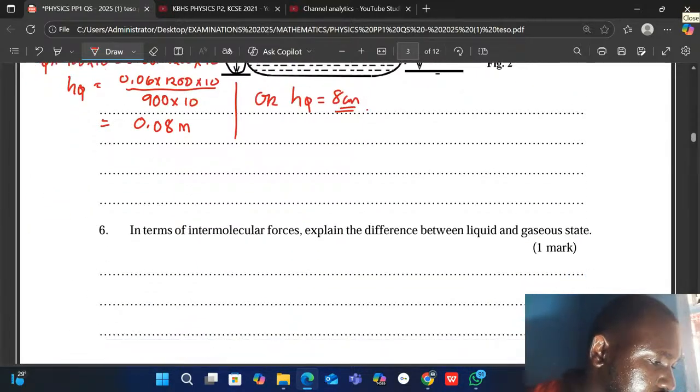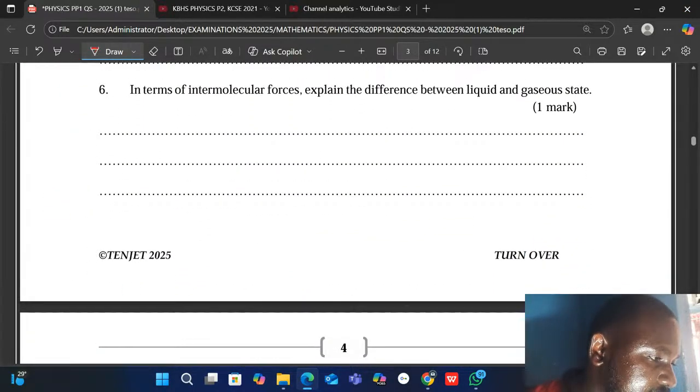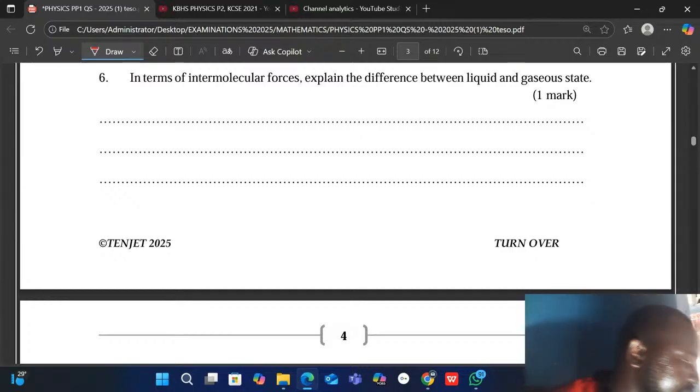In terms of the molecular forces, explain the difference between liquid and gaseous states.